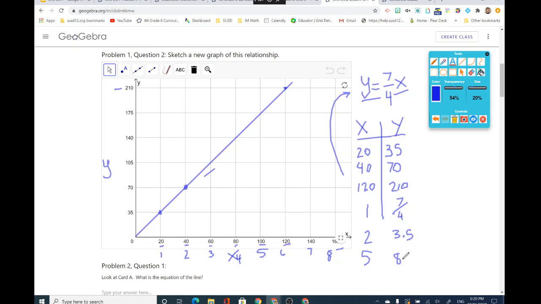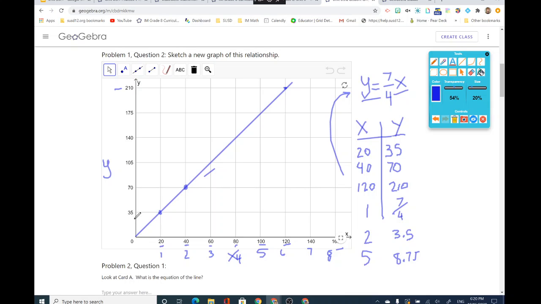Let's plot these points on a different scale. So just ignore this first line here. Ignore that. I'm going to keep the y scale the same, but I changed the scale of the x-axis. 1, 2, 3, 4, 5, 6, 7, 8. So when x equals 1, y equals 7/4.